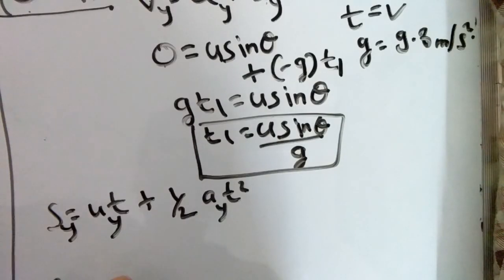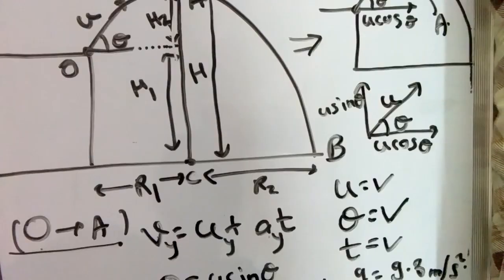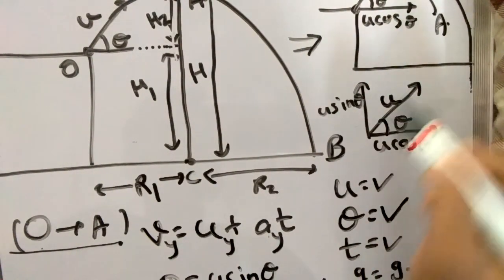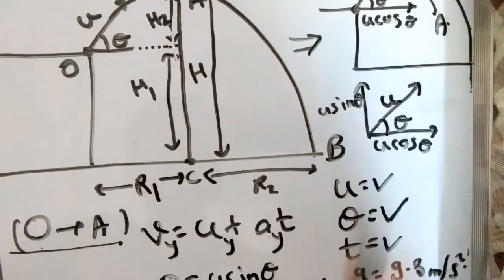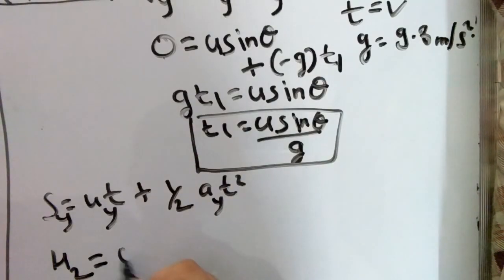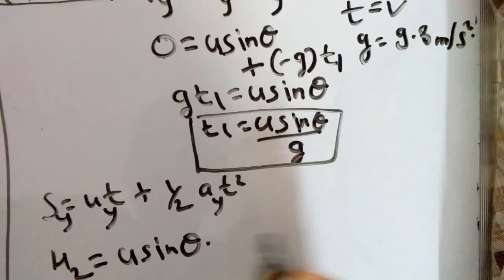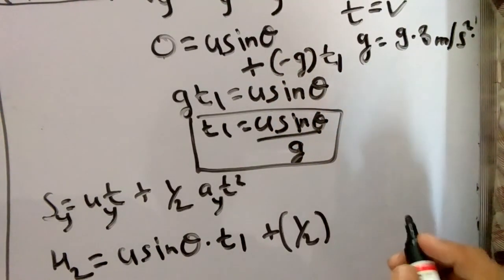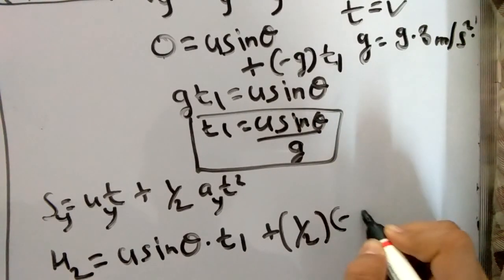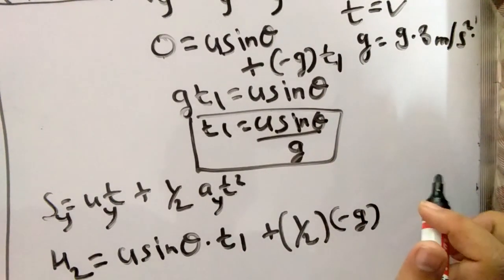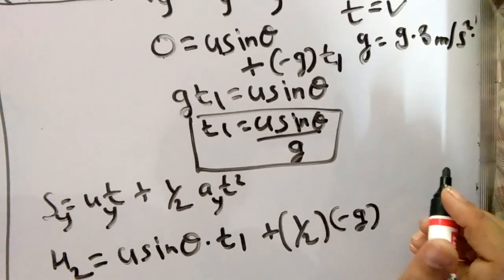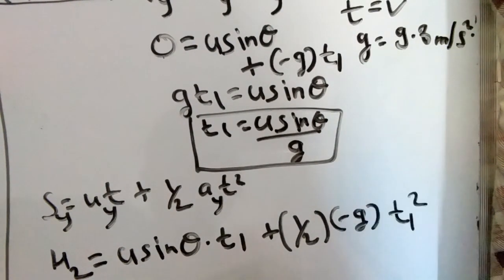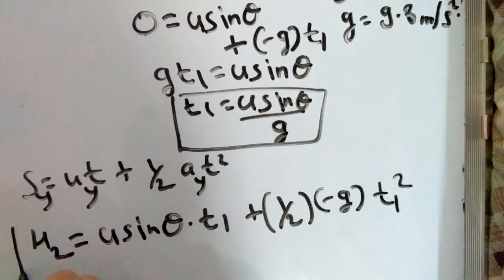So h2 equals uy, the initial velocity in the y direction, which is u sin theta, into t1, plus half, and ay will be minus g, because we are moving in the vertical direction and speed is decreasing, into t1 square. So this is our value of h2.